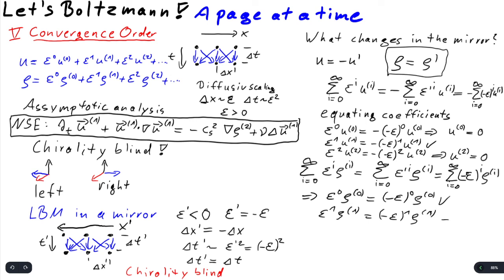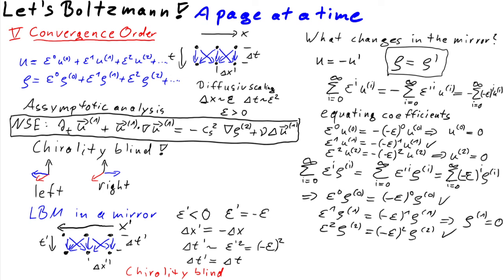So this again can only be true if rho to the first order is equal to 0. And in this next order, epsilon to the power of 2, rho second order minus epsilon square rho to the second order. This again, minus epsilon square is equal to epsilon square, so this is correct. And here this is actually the result that we use for computing the pressure.